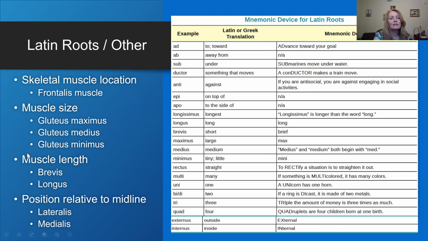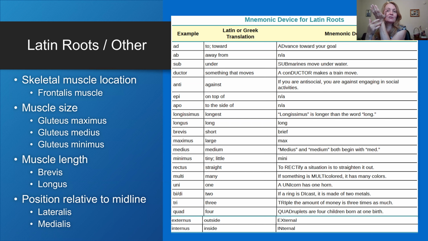We can name muscles based on muscle lengths, like brevis or longus, let's say extensor carpi radialis longus. This whole name tells you extensor, it's going to extend. Carpi, it's going to extend carpal bones.